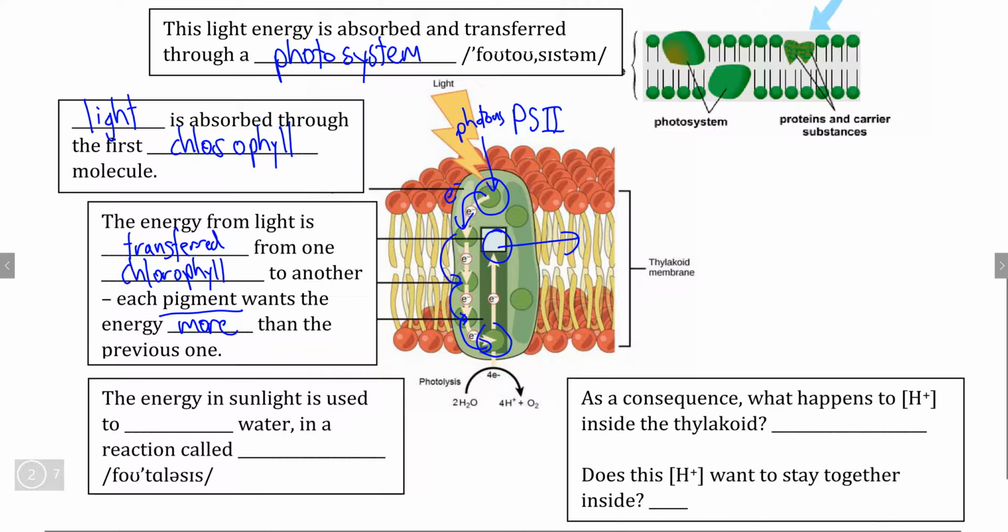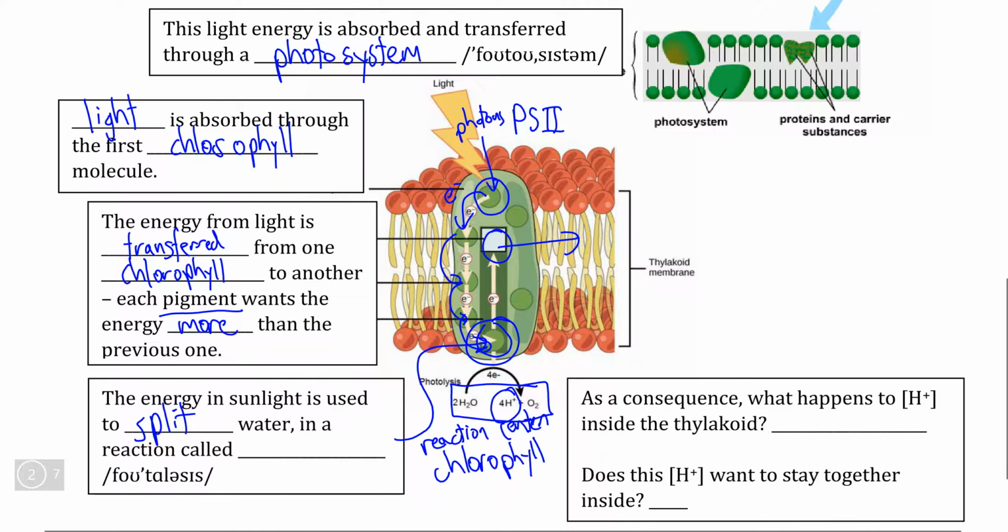What we want to focus on here is what happens at this chlorophyll pigment right here, which is what we call the reaction center chlorophyll. We call this the reaction center chlorophyll because this drives the first chemical reaction that occurs in photosynthesis, where the energy harvested from these light photons that struck the photosystem is used to split a water molecule into H+ ions and oxygen gas.